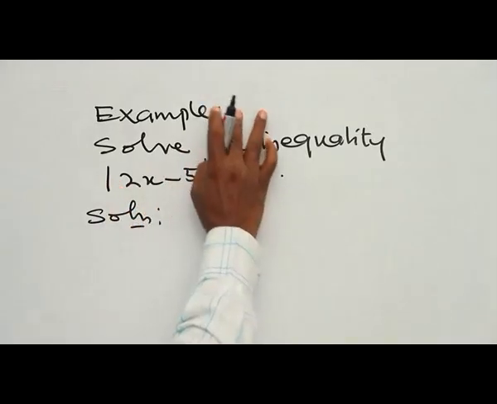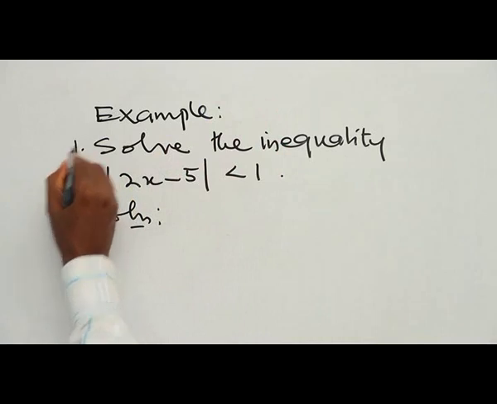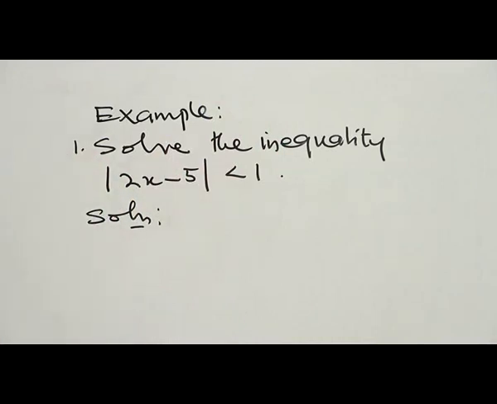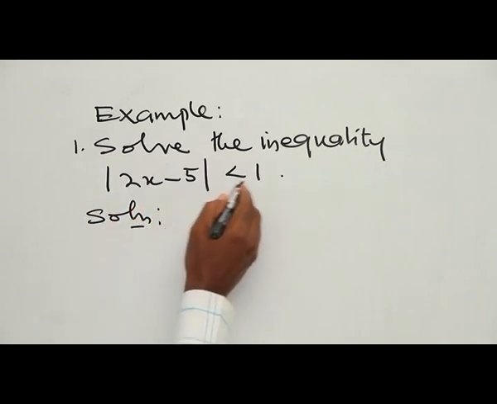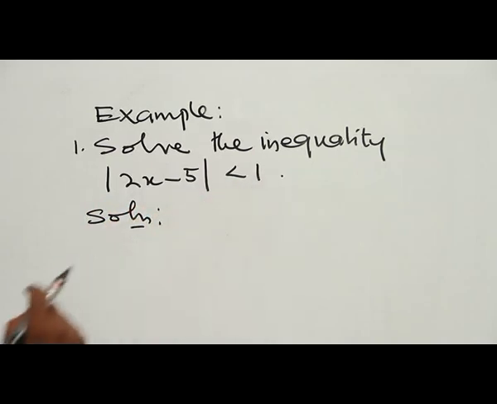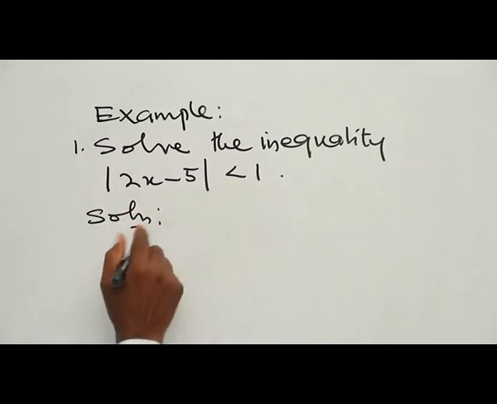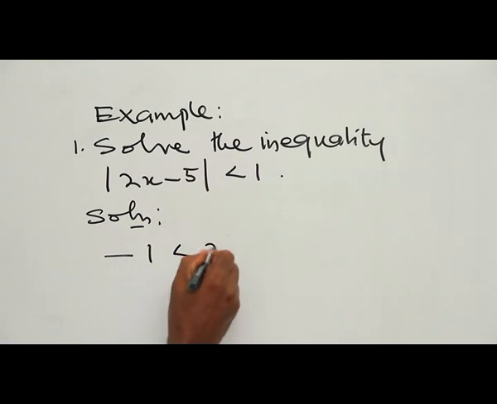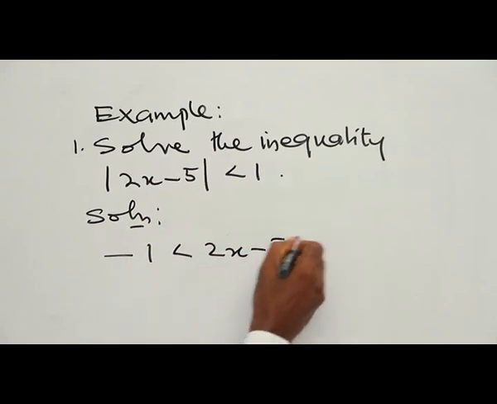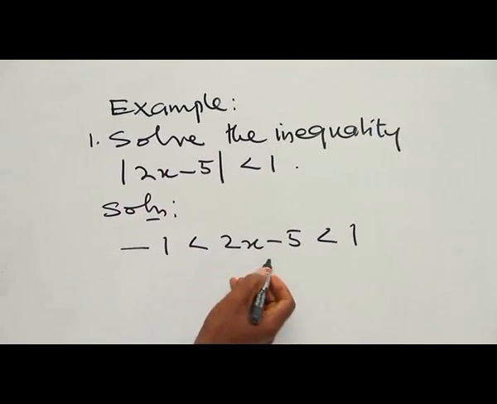Let's take it as example 1. Number 1. Solve the inequality modulus of 2s minus 5 less than 1. Our solution: recall the format of removing the modulus: minus 1 less than 2s minus 5 and less than 1. What now happens?